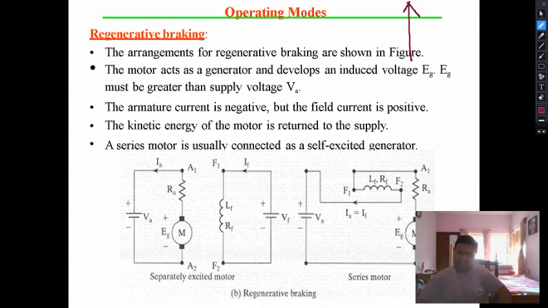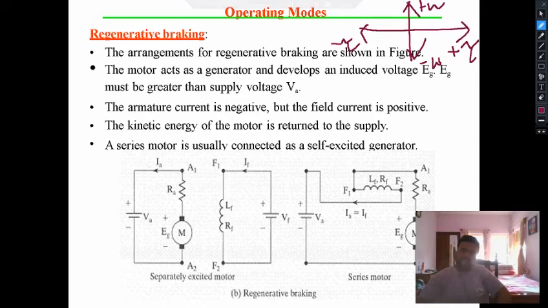If this is the speed-torque plane, the torque becomes reversed, but your omega will not reverse, it will slow down. So your omega is positive and your torque is becoming negative.